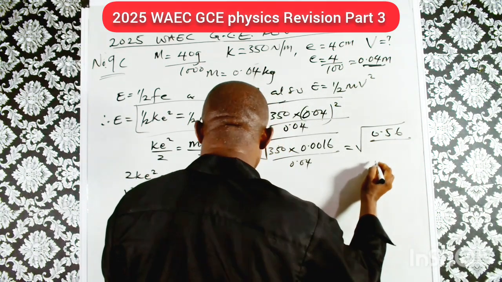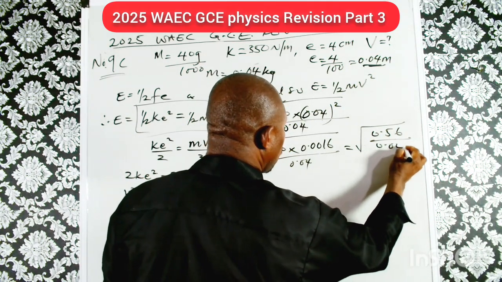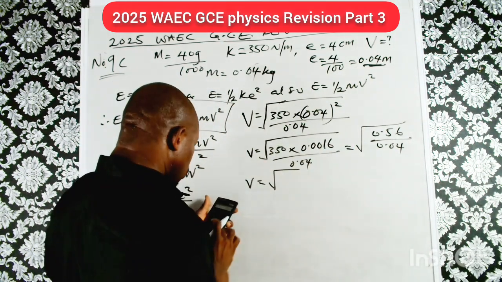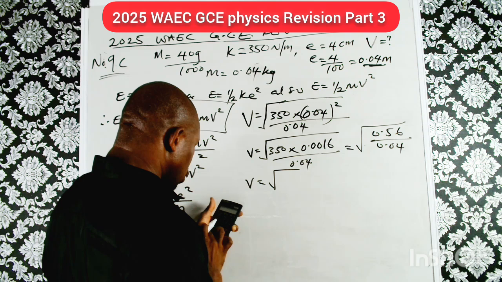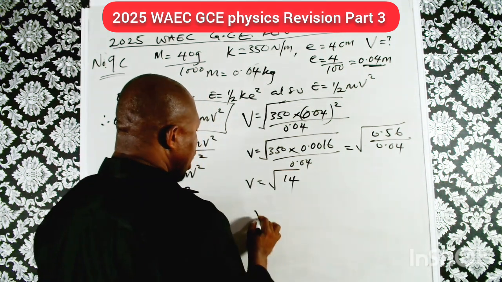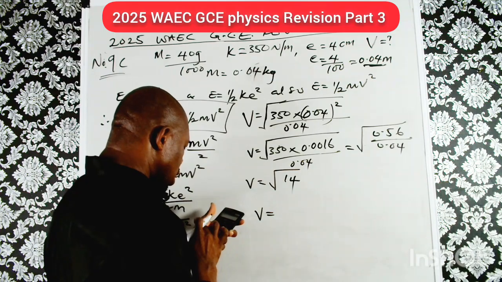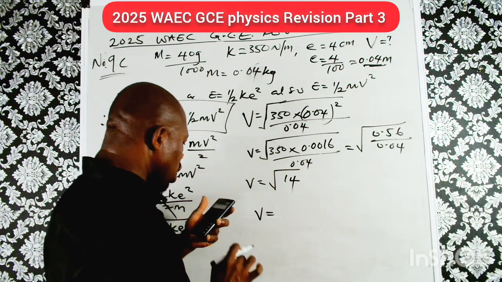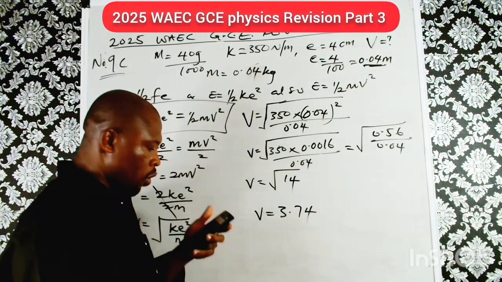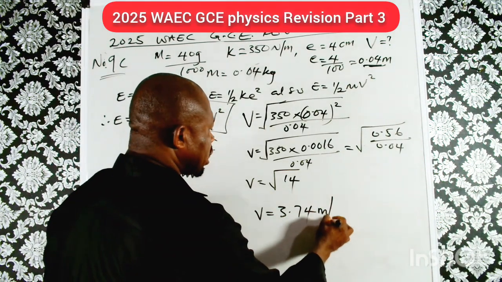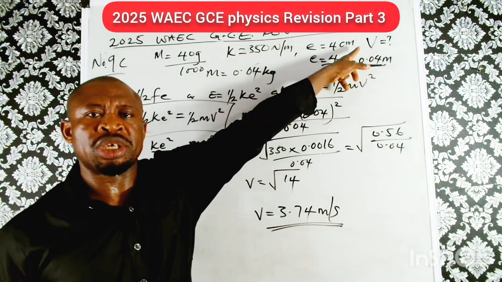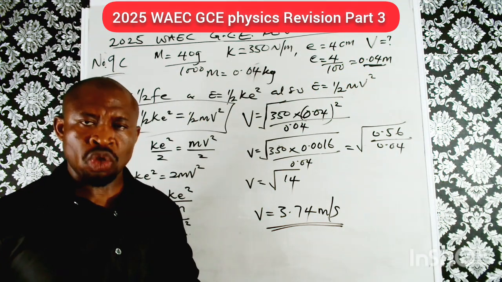V will give us the square root of 350 multiplied by 0.04 squared, which is 0.0016. Now everything is over 0.04. This gives us the square root of 0.56 divided by 0.04, which is 14. Now the square root of 14 will give us 3.74 meters per second. That is the speed of projection of that stone.